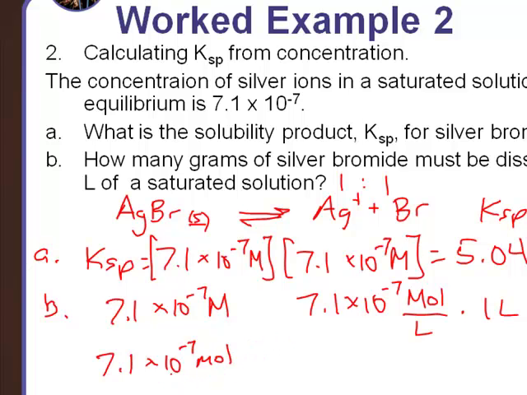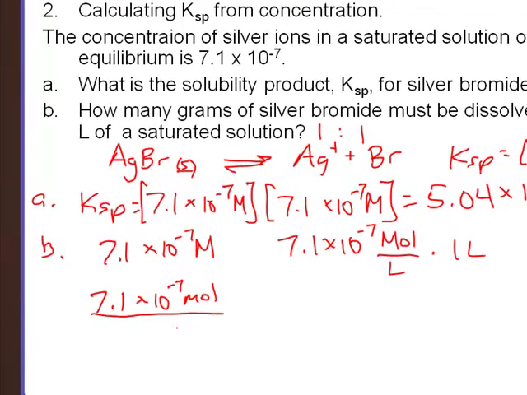Okay. Then all we have to do is convert the moles into grams using our molar mass. So if we had 1 mole of silver bromide, we add together the molar mass of the silver plus the bromine, which equals 187.8 grams.